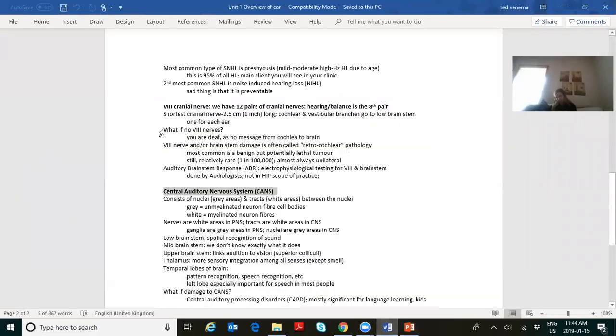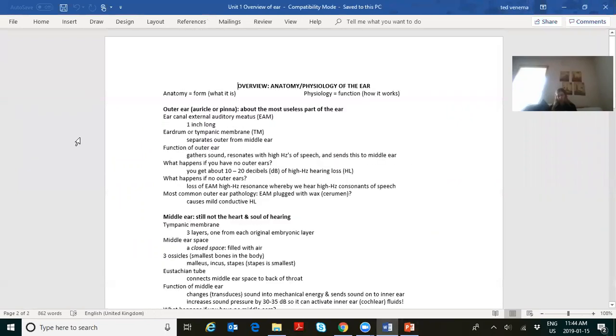So here, let's go. Top of your notes, outer ear is sometimes called the auricle or pinna. That's your actual outer ear itself. It's about the most useless part of your ear, okay? But it has a role, and we'll talk about that. Your ear canal is sometimes called your external auditory meatus.